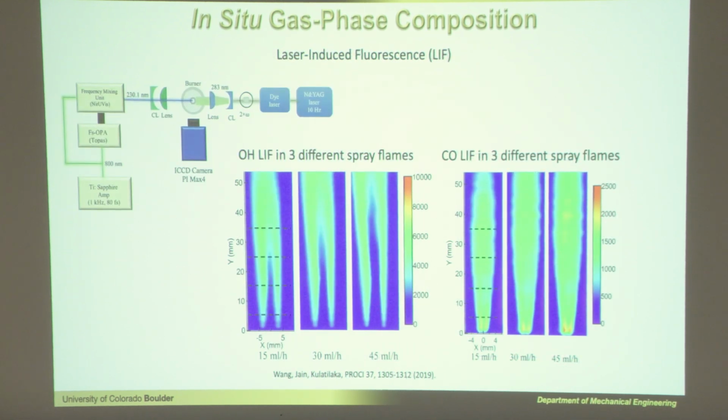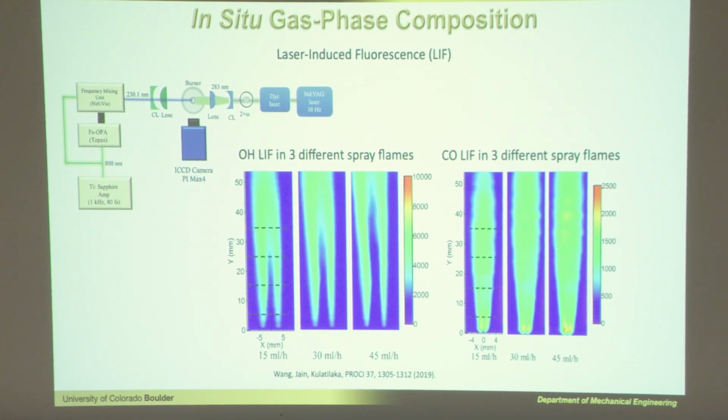And this one actually is LIF. So here's where, if you want information about the composition inside your flame, the gas phase composition, it's nice to know what the radicals are. OH is a big one, especially if you're studying oxidation, right? Oxidation of soot particles goes very quickly with OH.